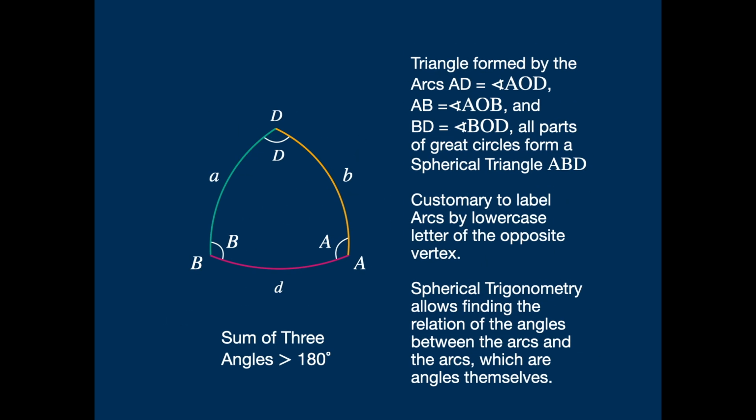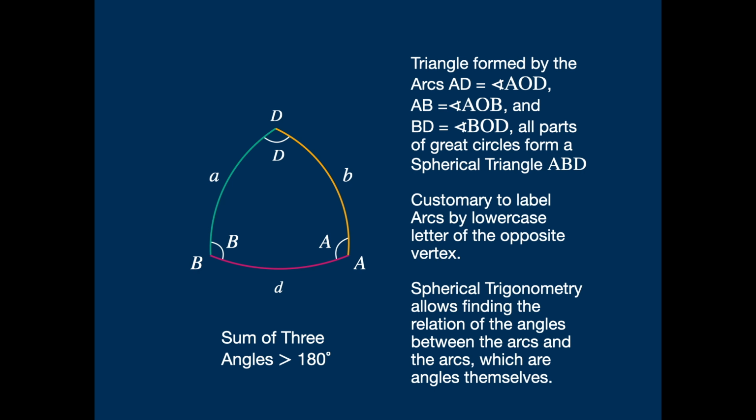So the triangle formed by arcs gives you a spherical angle AOD, which is subtended at the center. AB is the same as the angle AOB, subtended at the center, and BD is the angle BOD, also subtended at the center. So the arcs and the angles are the same because we have taken the radius of the sphere to be unity.